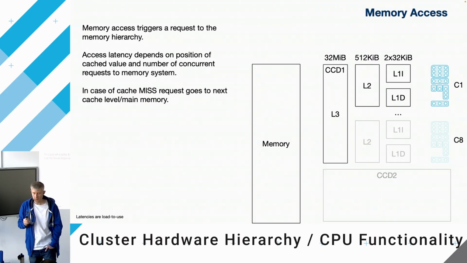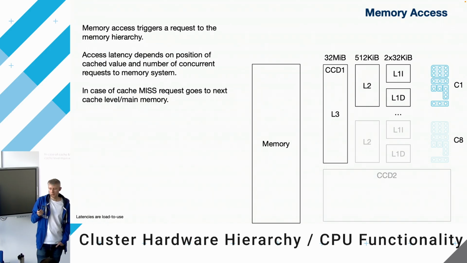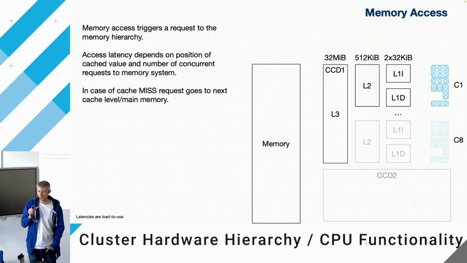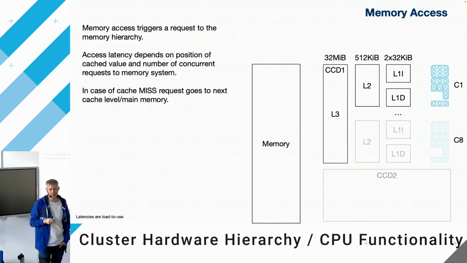Now, one important thing is memory accesses. I've already talked about the cache hierarchy. What we want to do is some calculations. This is the main reason that we have CPUs in the first place, but we need data for it.